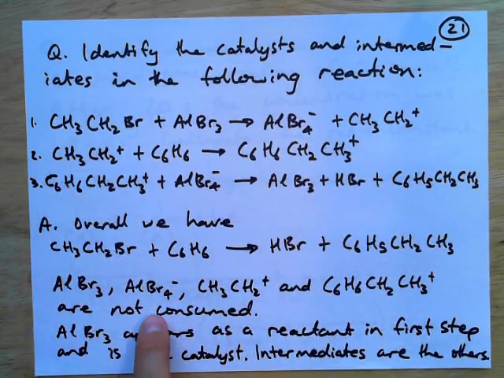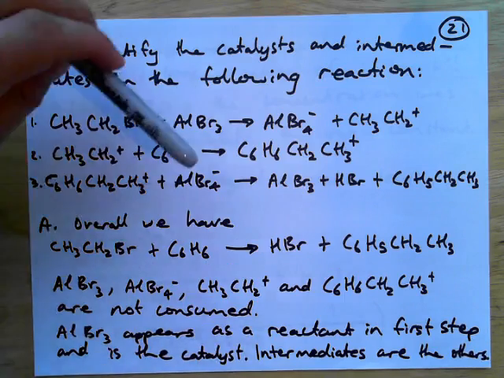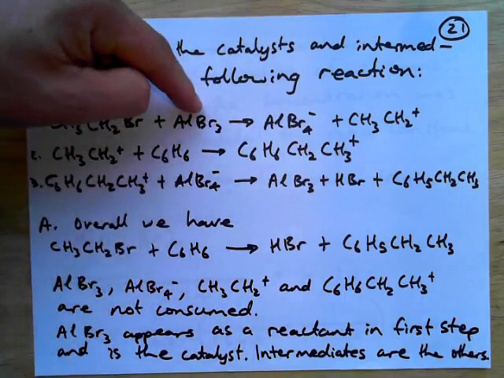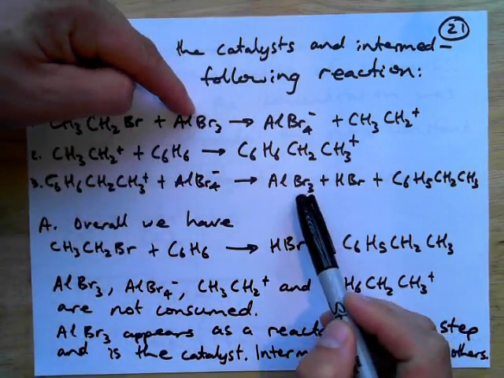I guess consumed is not the right word, but the concentration just doesn't vary. The only one that appears as a reactant here is the AlBr3. Now again, the catalyst isn't technically a reactant, because it's going to come out at the end. You get your catalyst back at the end.